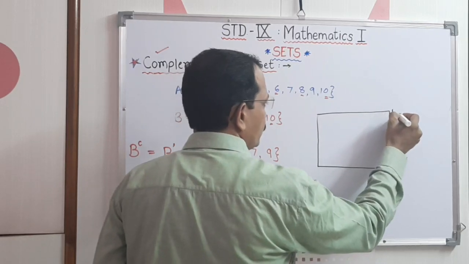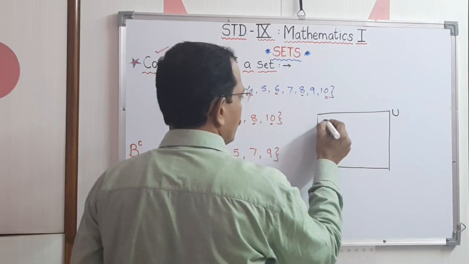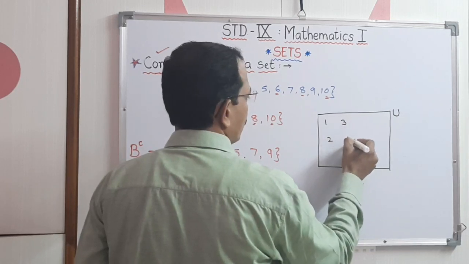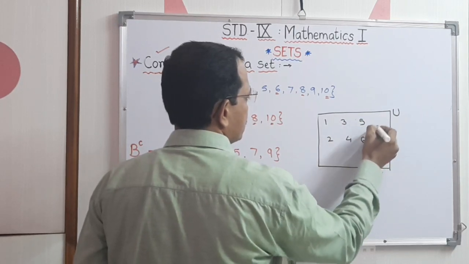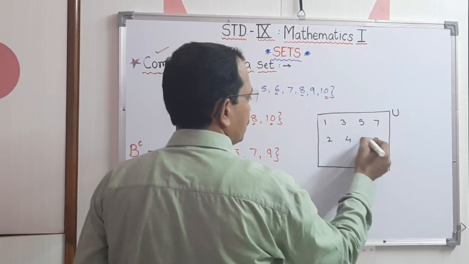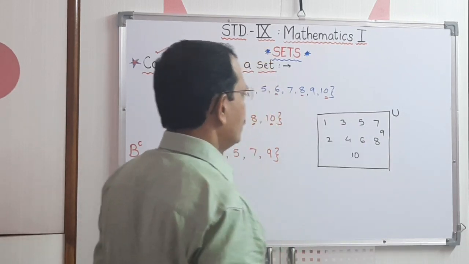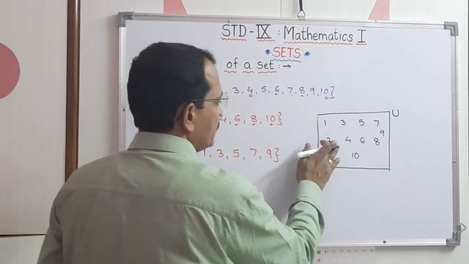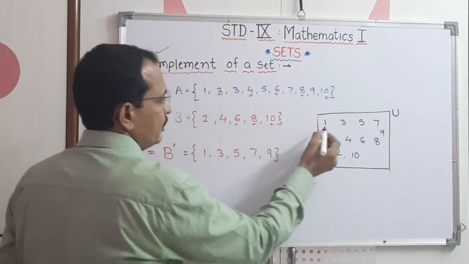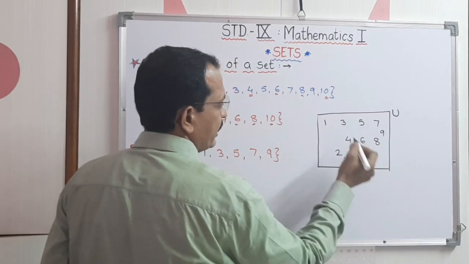This is a universal set. In this universal set the numbers are 1, 2, 3, 4, 5, 6, 7, 8, 9, and here it is 10. Now see, in this case this is set A: 1, 2, 3, 4, 5, 6, 7, 8, 9 and 10.